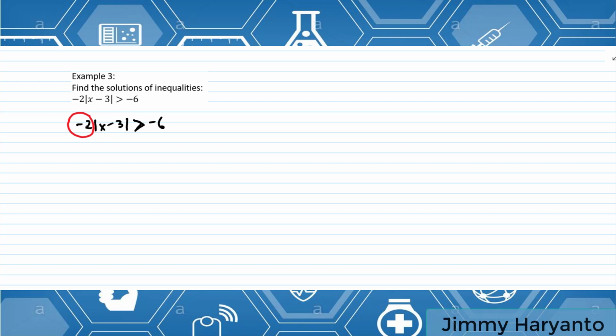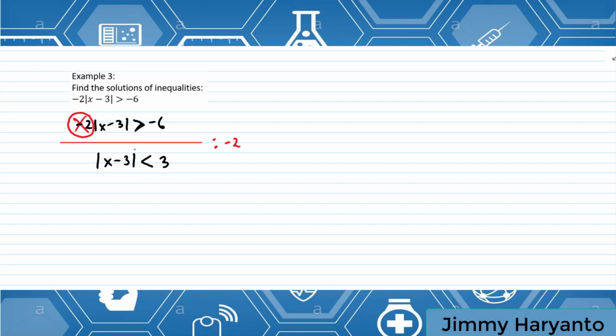So we cannot leave this negative 2 at the left side. We have to remove this. How to remove the negative 2? We divide them all by negative 2. When we divide by negative 2, the sign is changed. So we write absolute value of x minus 3 less than negative 6 divided by negative 2 is 3. Okay, see?